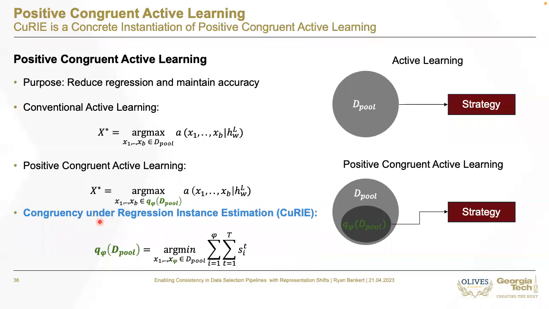If I want to define this in terms of math, the Q function of this D pool is essentially minimizing the sum over all epochs of these switch events for each of these samples, and we take a certain amount of the samples with the least amount of switch events. That gives you this function you see down here. And we call this congruency under regression instance estimation, or CURI.